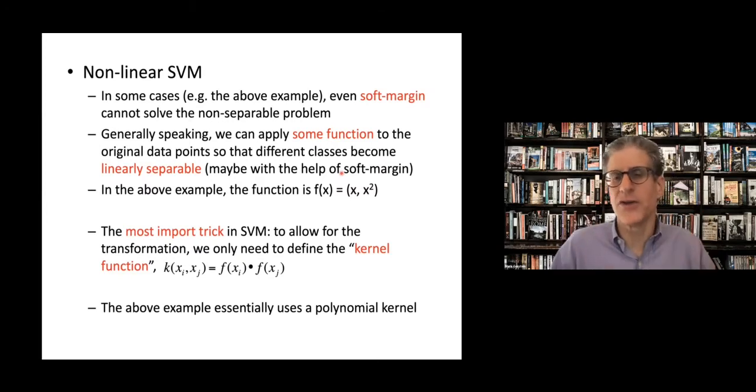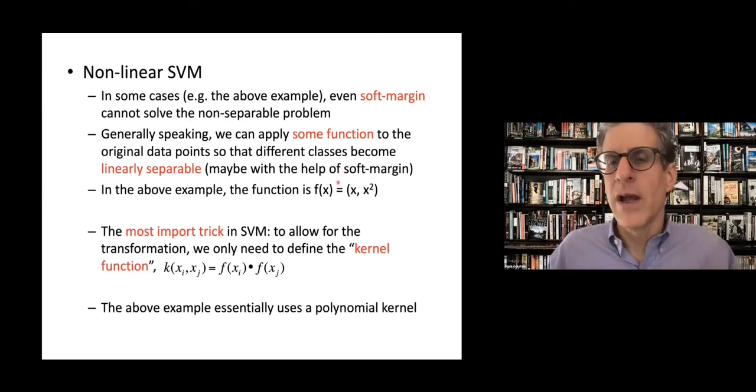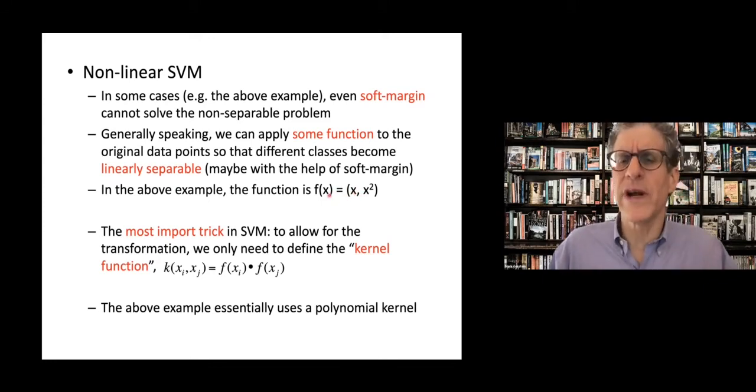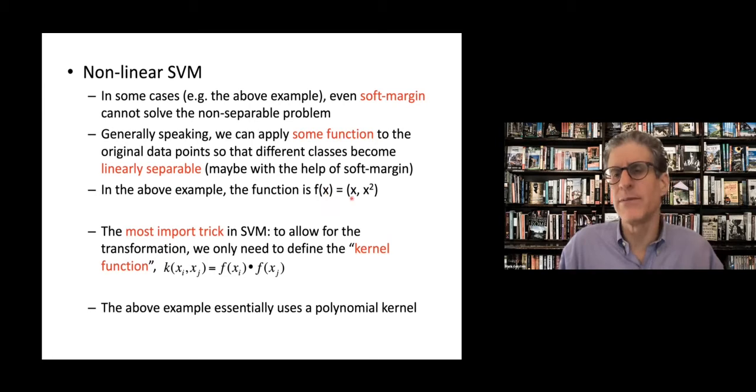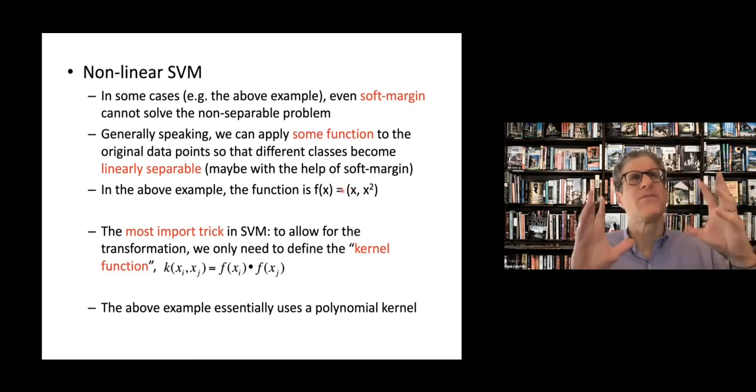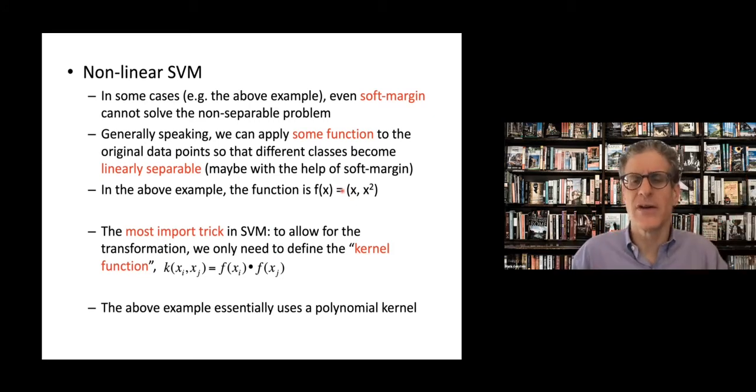So you might be thinking to yourself, well, how do I know to make this function that takes our point x and moves it to x squared? What if it moved it to x cubed, or x squared plus 5? I mean, there's a tremendous number of ways of doing this, and it's actually very hard to construct this higher dimensional, I guess, not projection, but this higher dimensional embedding of your data.